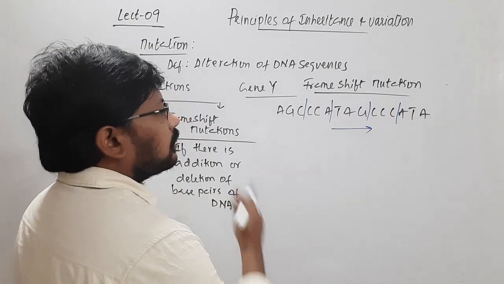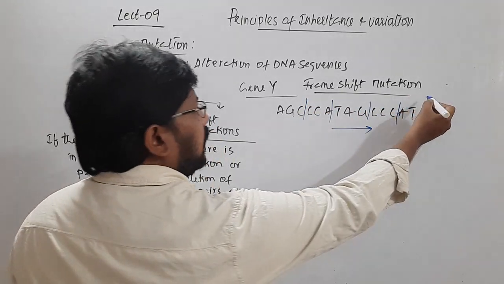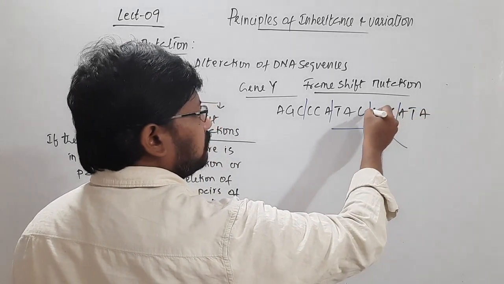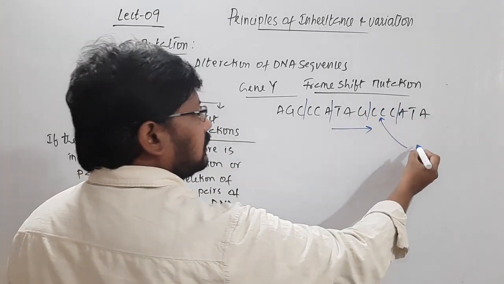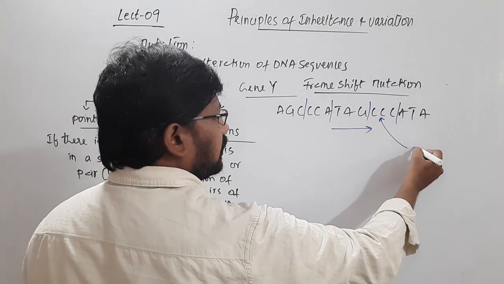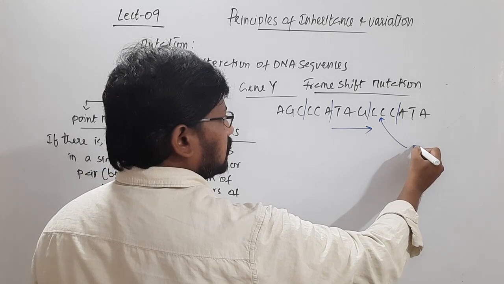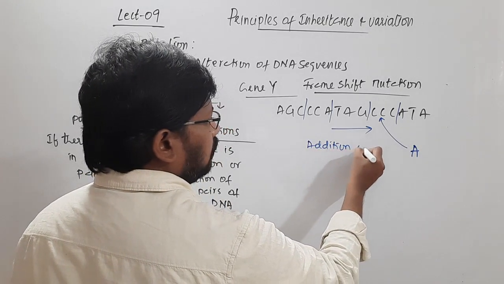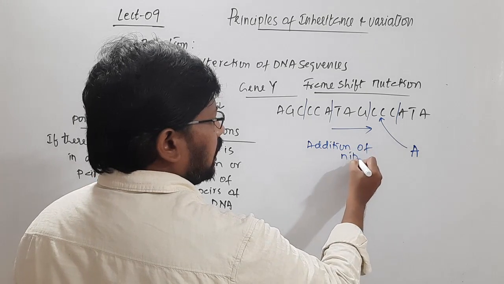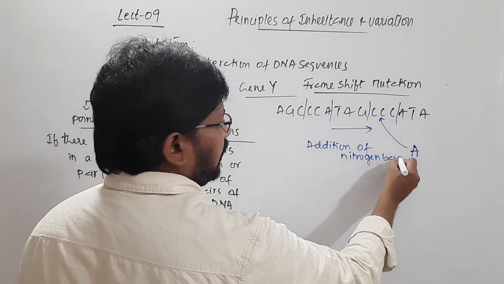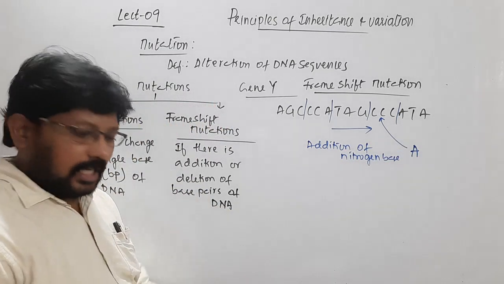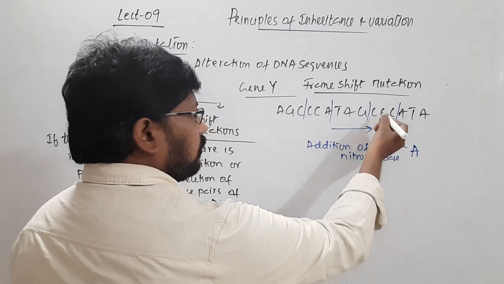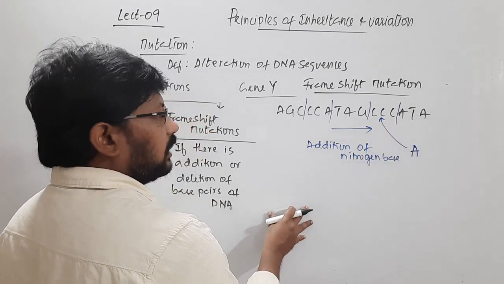Now say there is an addition somewhere here, between the C and C, of a nitrogen base A. If it is the case, then the reading frame will change from that point of addition.